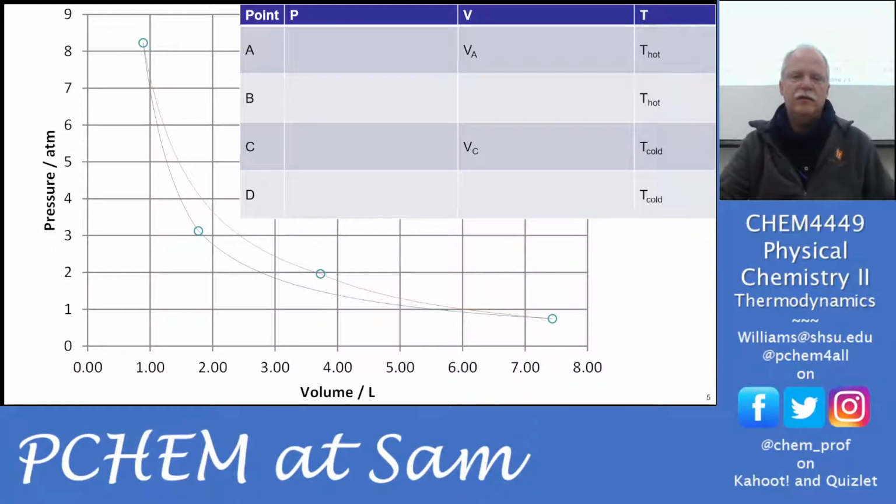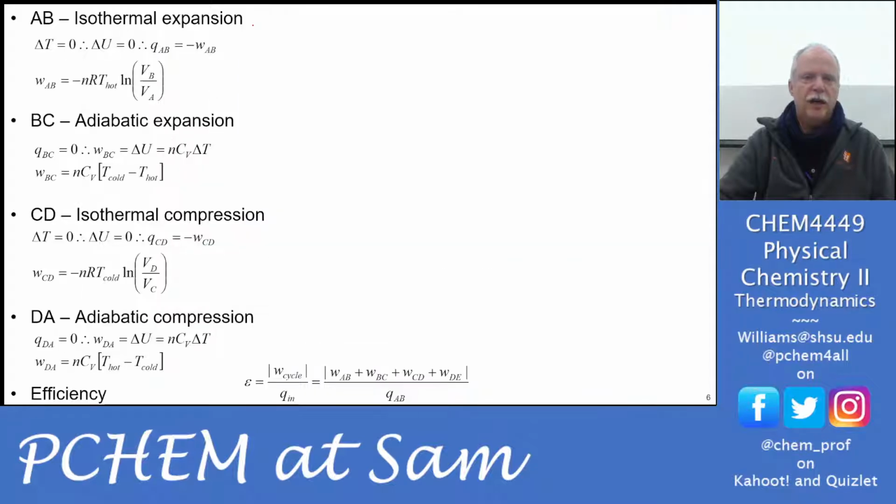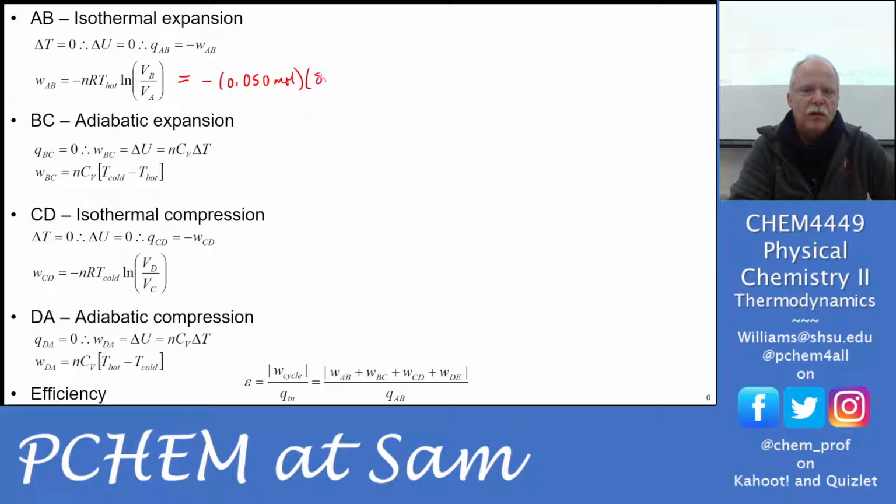Okay, so here's our state variables table. I can fill it out. Essentially, we just did that on the previous slide. So I'm going to skip to the next one and calculate all of our work and heat. So for the isothermal expansion piece, the work for leg A to B, $17.80.